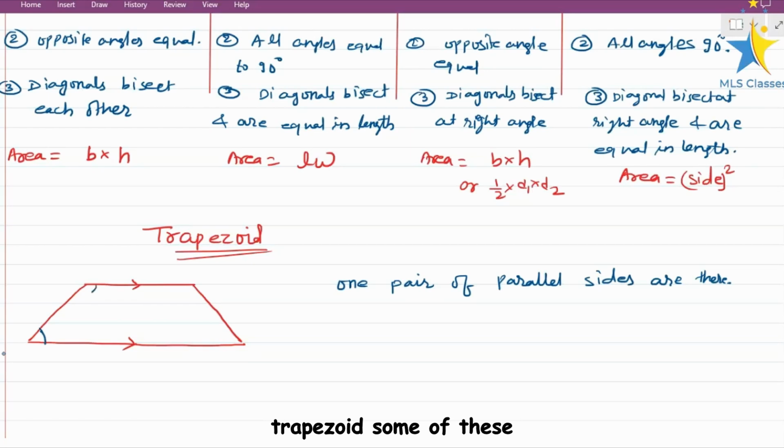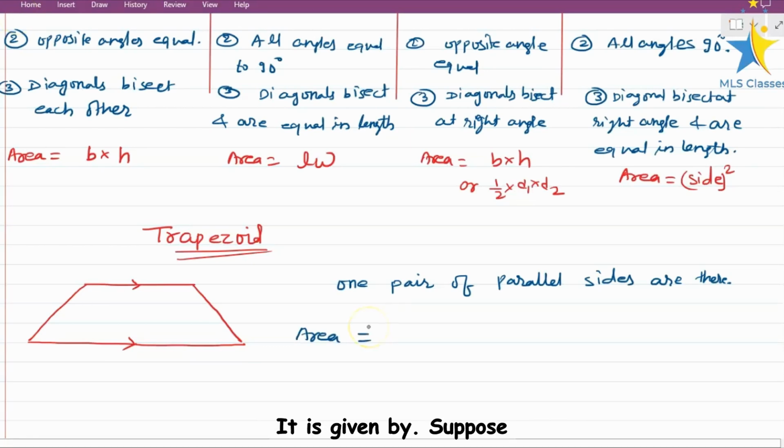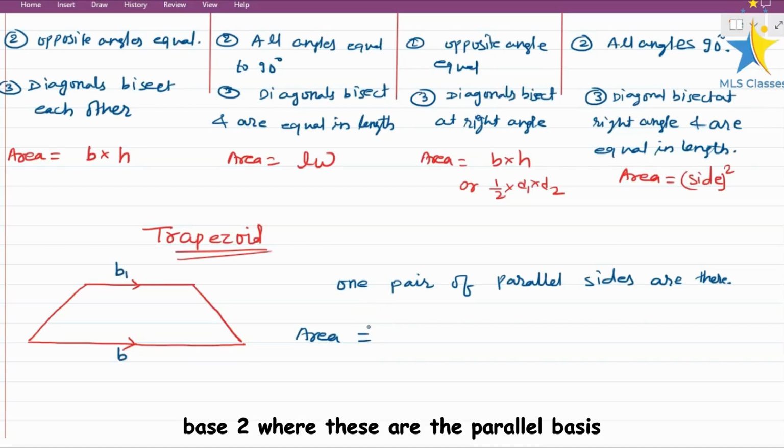The sum of this and this angle will be 180 degrees. Same side interior angles, same here, so 180 degrees. This is the only property of a trapezoid. And the area of a trapezoid is given by, suppose this is base 1 and this is base 2.